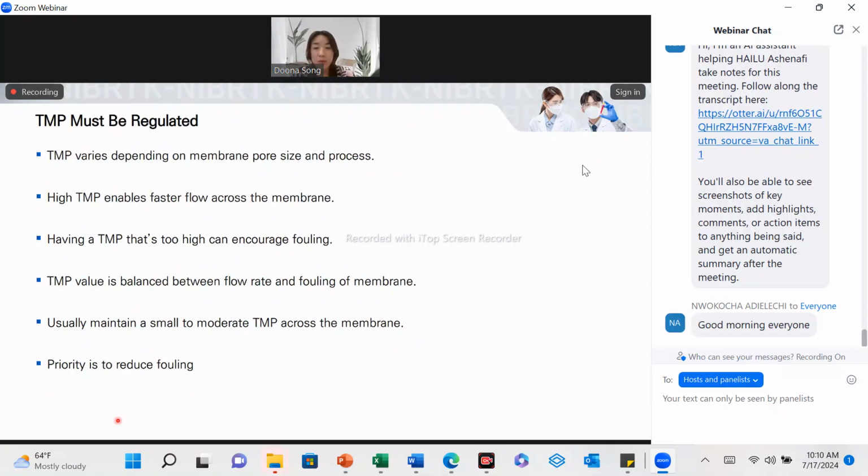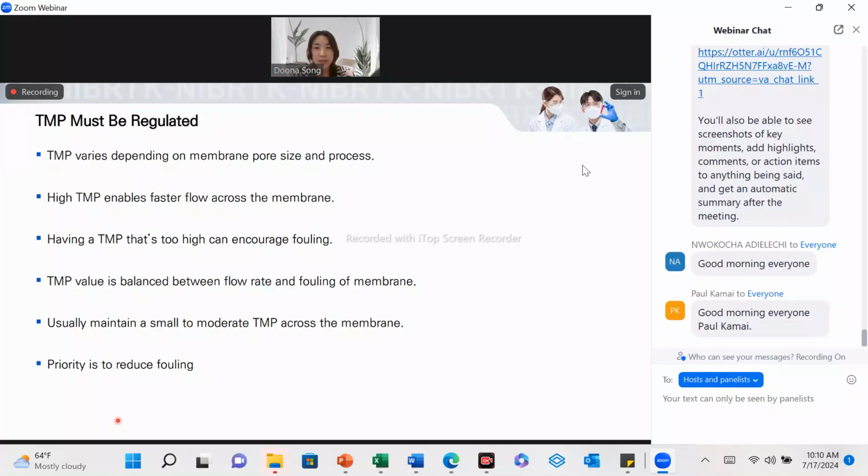It's important to balance TMP to achieve optimal feed flow rate while minimizing membrane fouling. So usually a small to moderate TMP is maintained to reduce the risk of fouling. The priority is to reduce fouling to keep the filtration process efficient.